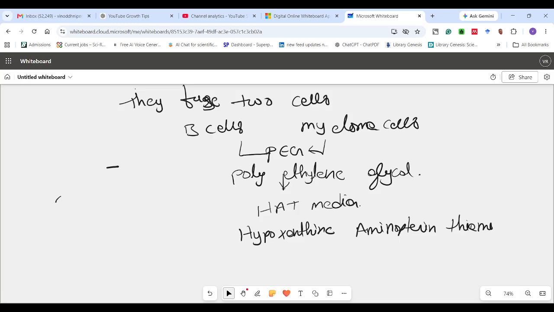The components of this media have a specific use. Aminopterin blocks the enzyme dihydrofolate reductase in nucleotide synthesis, which helps in DNA synthesis.